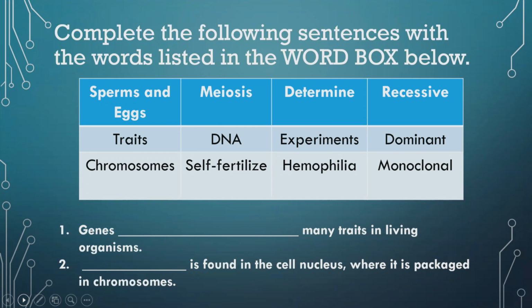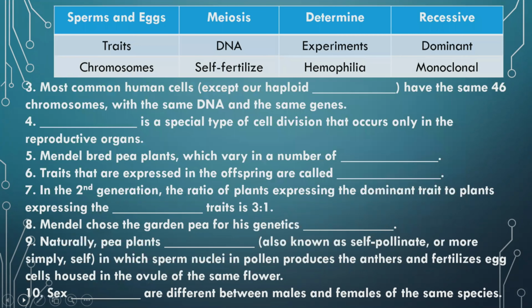Two, DNA is found in the cell nucleus, where it is packaged in chromosomes. Three, most human cells, except our sperms and eggs, have the same 46 chromosomes with the same DNA and the same genes.